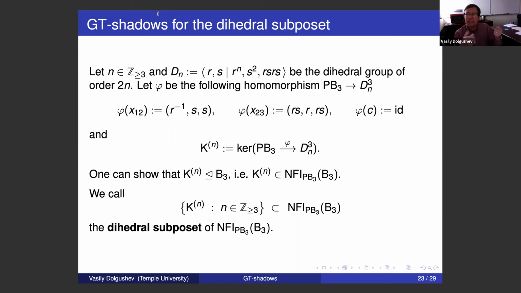I'm asking the opposite question so far: how can I use GQ to say something about GT shadows? For example, produce genuine GT shadows in a non-abelian setting. I think it's something that can be done, but in the opposite direction, I'm not sure yet. But it's possible.